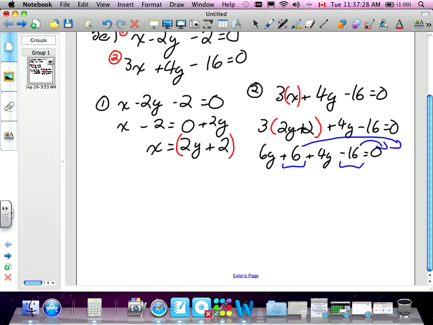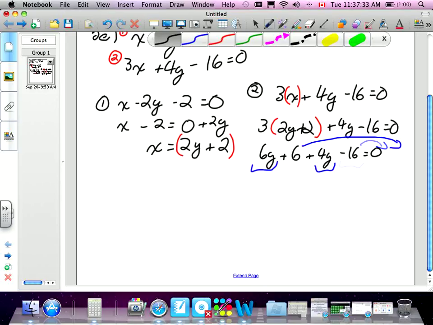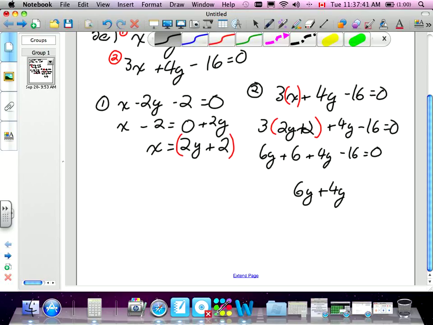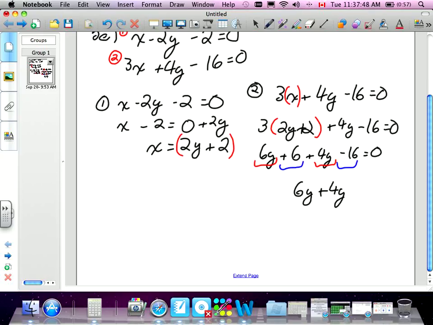And I'm going to keep my variables, my y's, on this side of the equation. So before I even combine them, I will have 6y, that's our first term, plus 4y. I'm just going to underline them. So this was a like term. I'm going to keep them on the left side. And I'm going to move my positive 6 and negative 16 to the other side of the equation.